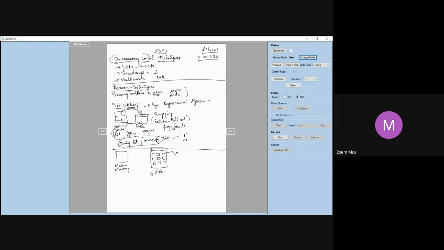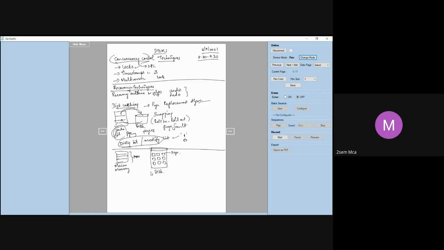Now, when you want to do some execution, there are several pages. Whenever a program is under execution, you call it a process, right? And all those pages should be brought into the memory before the execution starts.